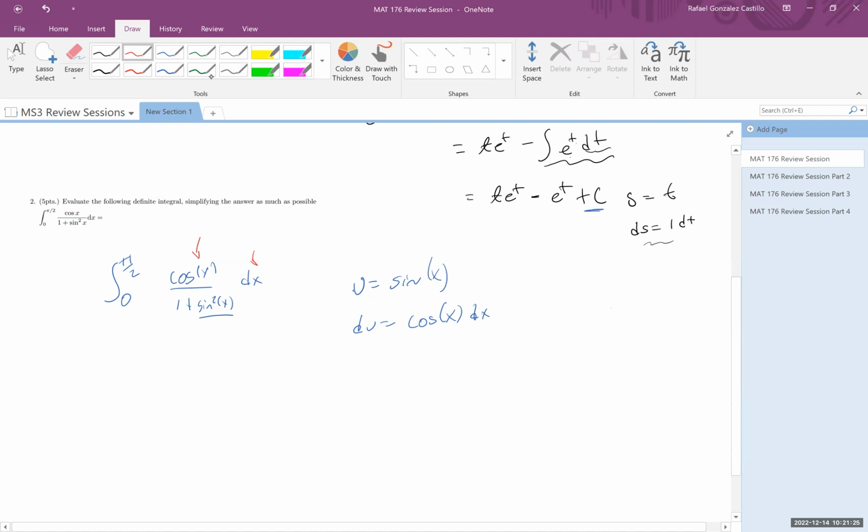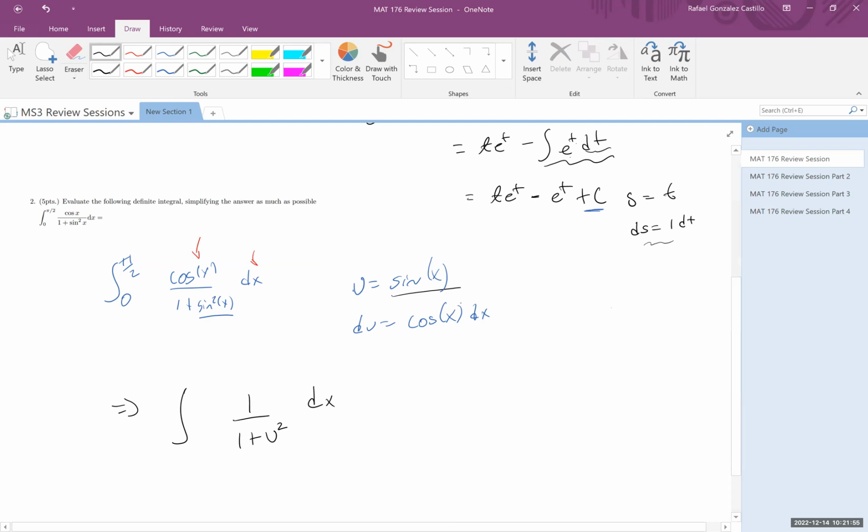So we could do a straight substitution if we allowed u to be sine of x. And if we do the substitution, we'll get the integral of 1 over 1 plus u squared dx. The u gets squared because it was sine square x, and I'm only substituting sine of x by itself, not sine square of x.